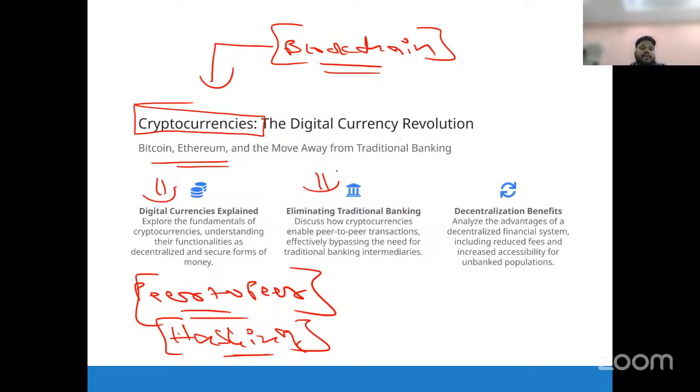And then, eliminating traditional banking. We are all pretty much aware of it, right? Eliminating traditional banking means cryptocurrencies allow people to send money directly to each other, peer to peer, without using any banks. You don't need traditional banks to act as a middleman for transactions.